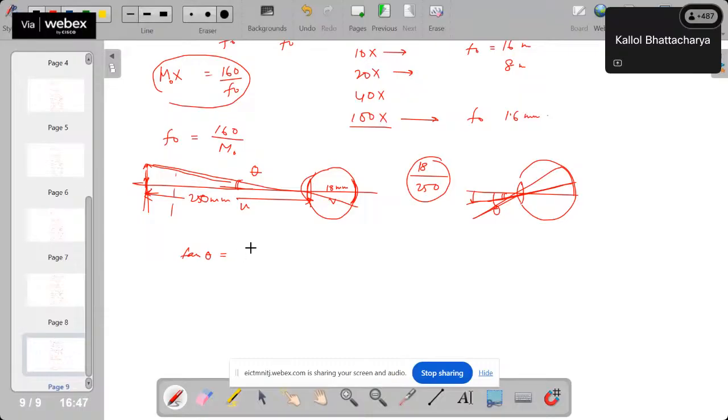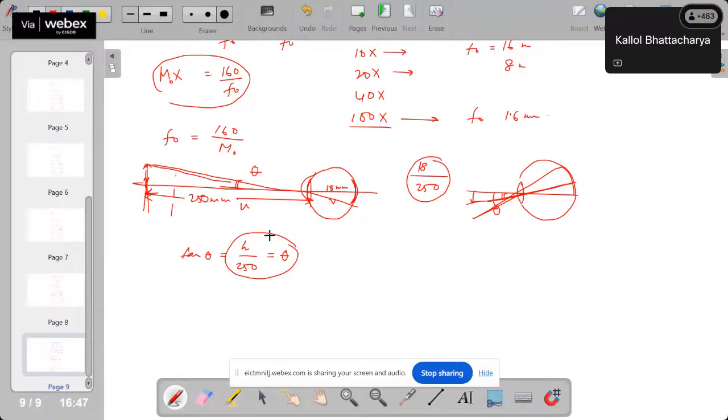So tan theta equals h by 250, where h is the size of the object. Because tan theta is approximately equal to theta, we can write this equal to theta. So remember, theta equals h by 250.